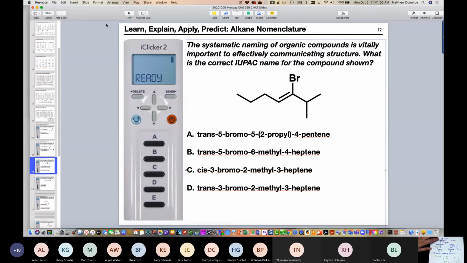You'll also see in your book a one letter way of denoting that called Z. Cis or Z means that those highest priorities are on the same face of the alkene. So the correct answer for this one is C, cis-3-bromo-2-methyl-3-heptene.